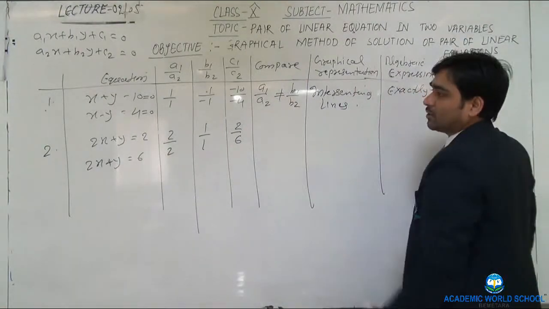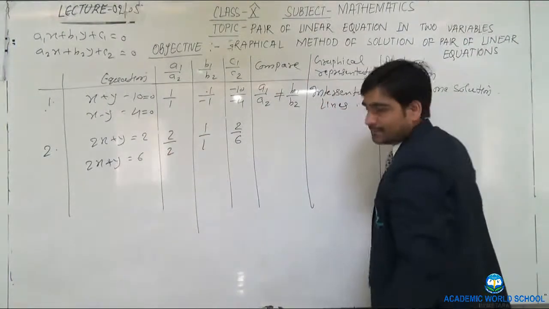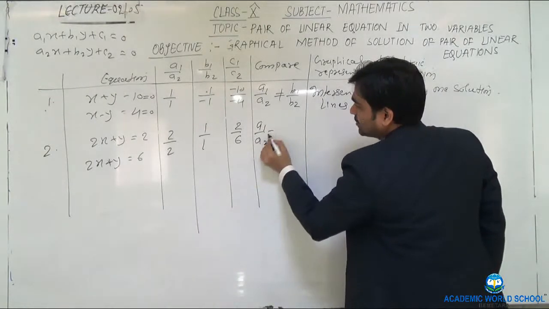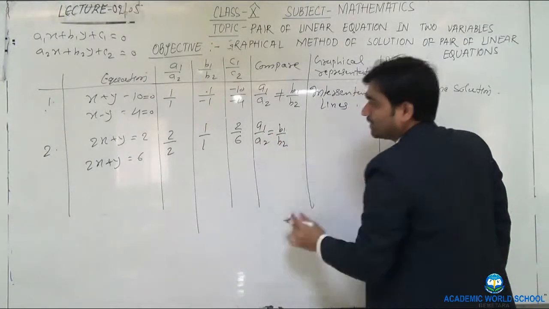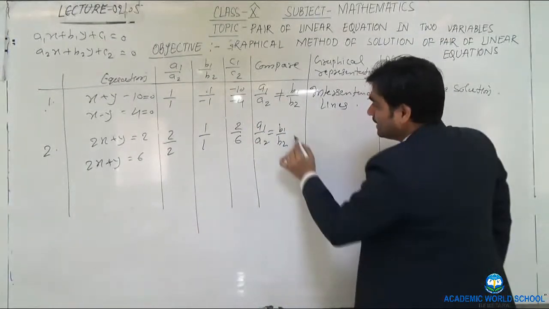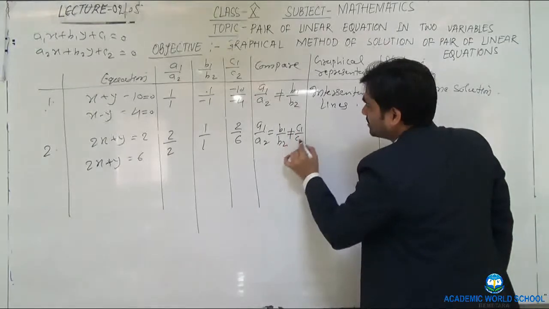So here we have observed 2 upon 2 is 1, 1 upon 1 is also 1, that means a1 upon a2 is equal to b1 upon b2, and 2 upon 6, if cancelled, is 1 upon 3. So this is not equal to c1 upon c2.